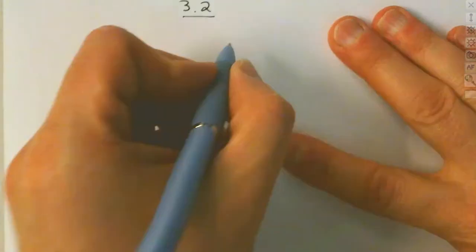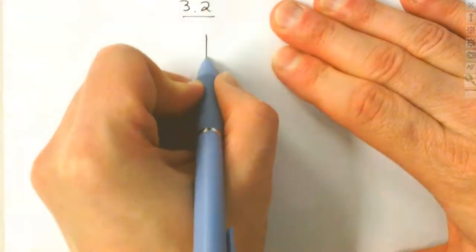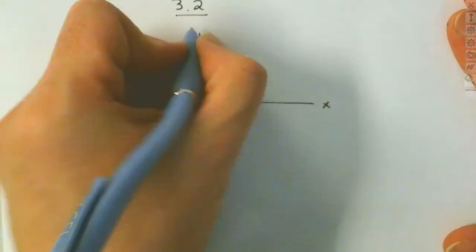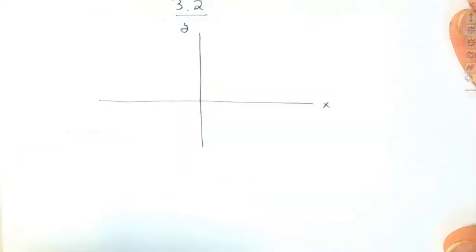Now, whenever we graph a line, we need 2 distinct points. And sometimes those points are the intercepts. And let's talk about what the intercepts are. I'm going to do this graphically so you can understand what intercepts actually are. I'm going to draw a line, and I'm going to label the intercepts.